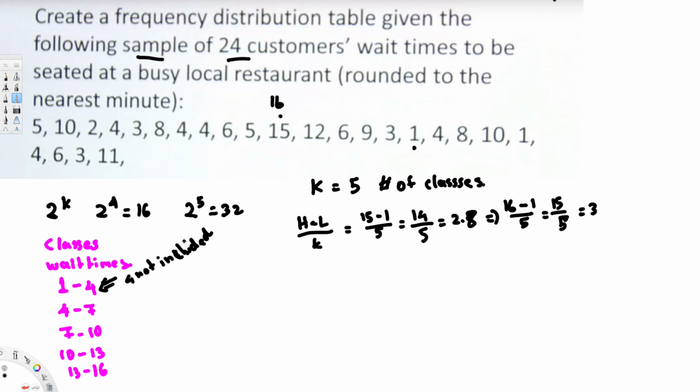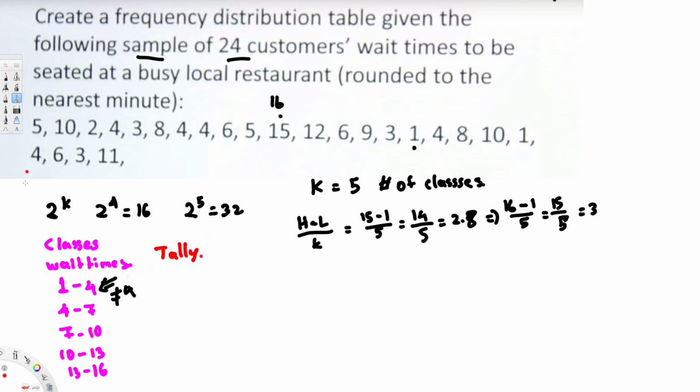Let's go ahead and create our tally column. Let me get rid of this, just to remind us that this 4 is not included. Okay, now let's create our tally column.